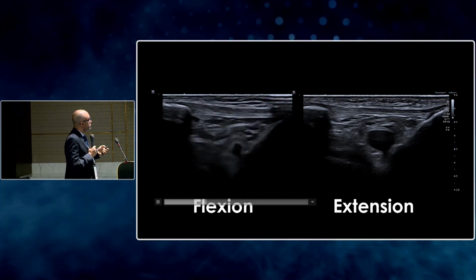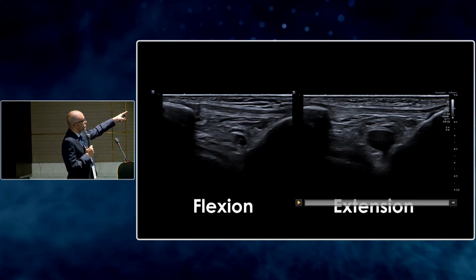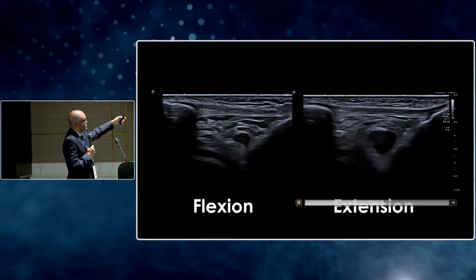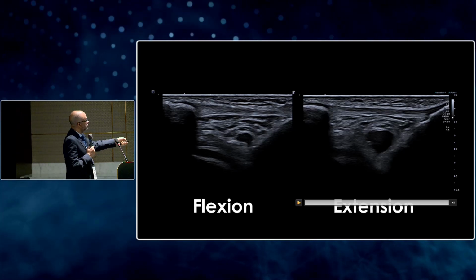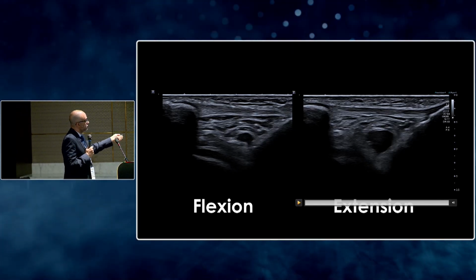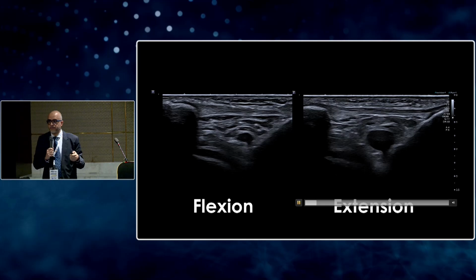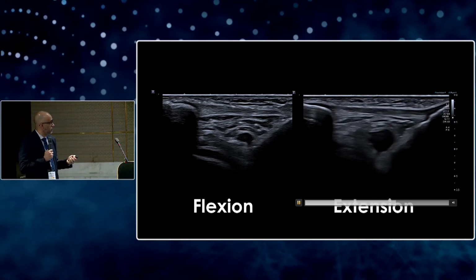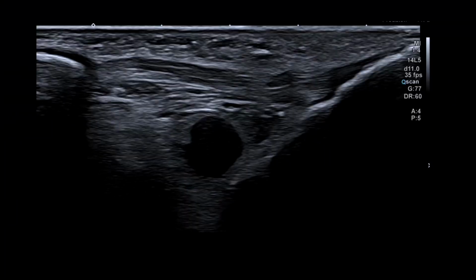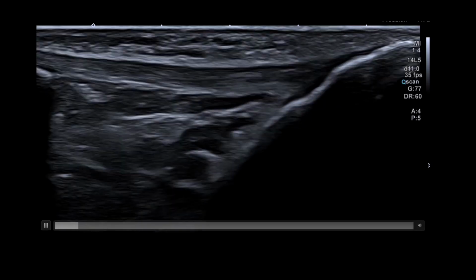The second one, please. You can see here with the dynamic assessment, this is a cyst coming down from the joint itself. This is an impingement of the infrapatellar fat, which already could be a variant, so we have to examine the knee in extension and full flexion.